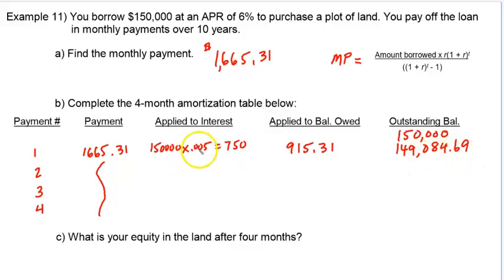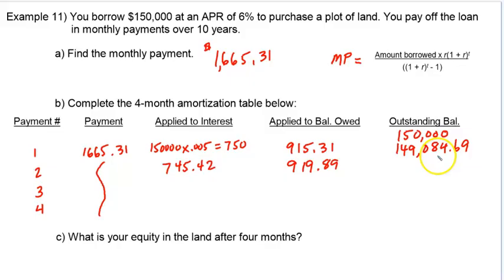Okay, so now our next interest applied from the next payment will be this number, 149,084.69 times 0.005. And that should be 745.42. So just like we did in the previous examples, the previous outstanding balance will be applied to the monthly interest rate. Then you do 1665.31 minus 745.42, and that's how much will be applied to principal, and that should continue to go up.